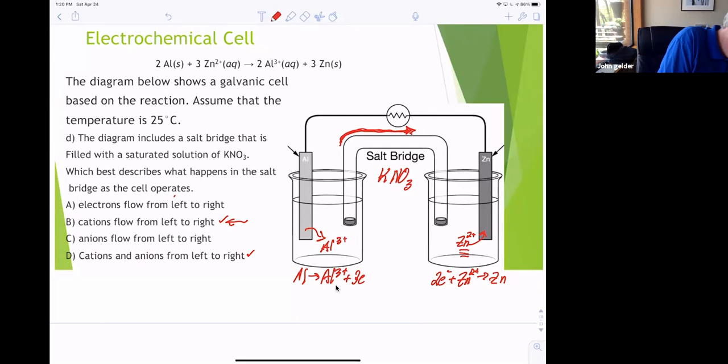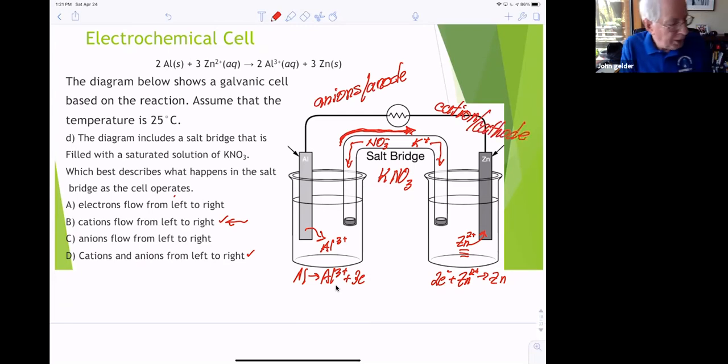So when we think of the salt bridge, cations always flow towards the cathode and anions flow towards the anode. And so it's actually pretty easy to remember, because of the nature of the cations and cathode, to remember which direction ions are flowing in the salt bridge.